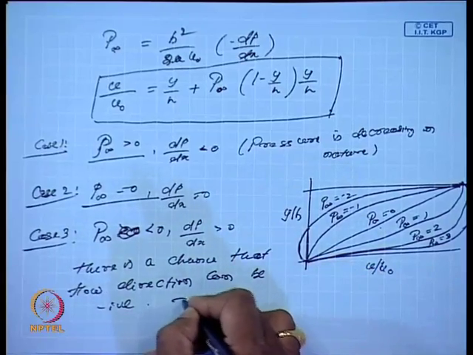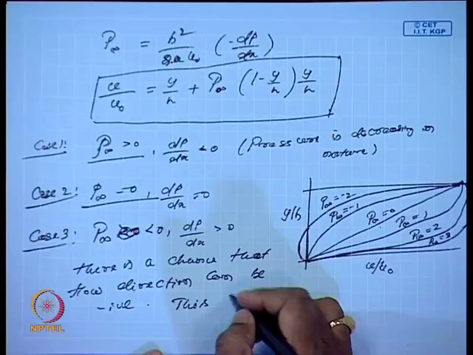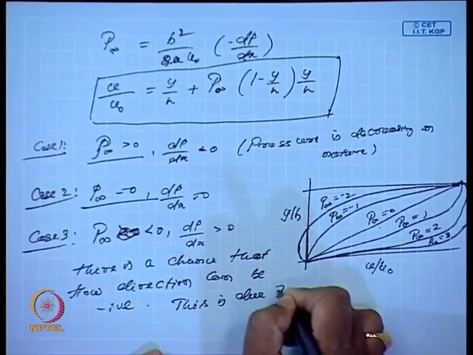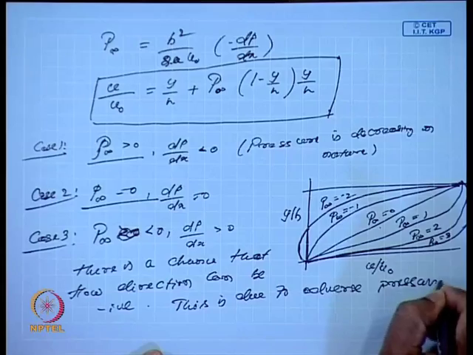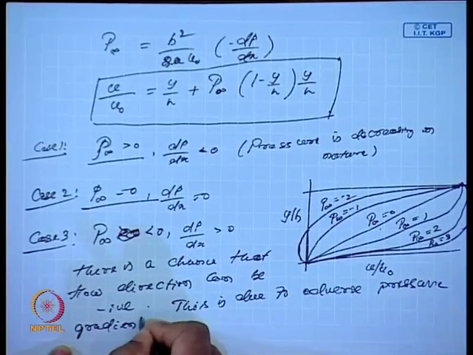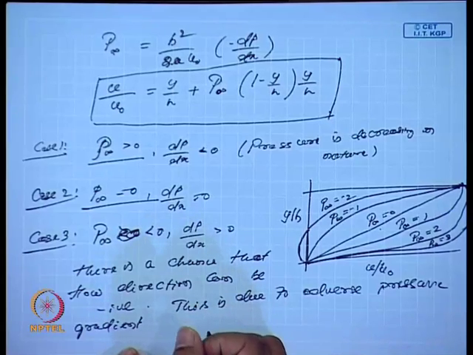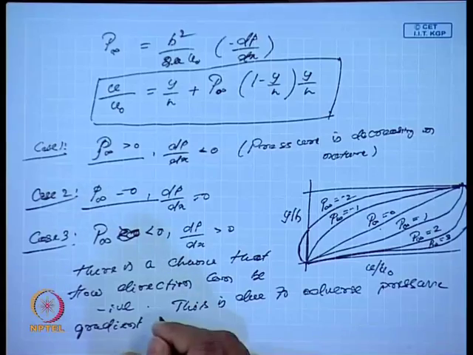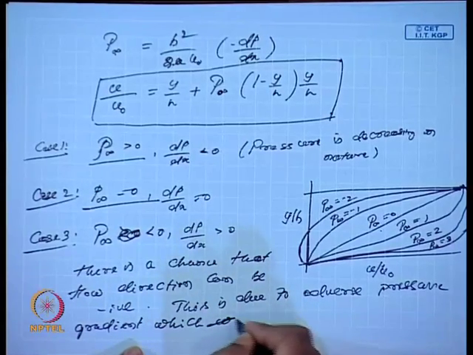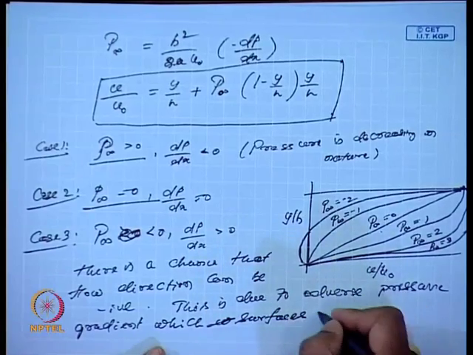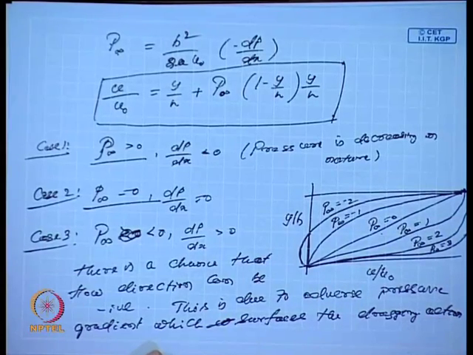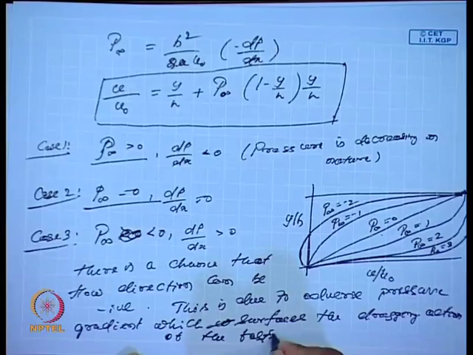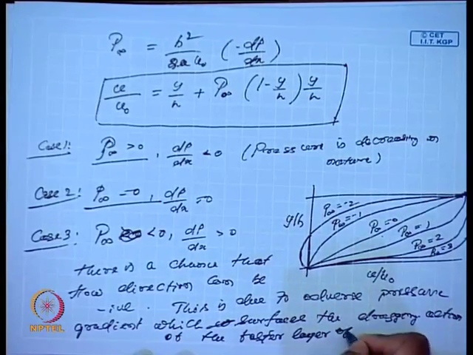Basically this is due to the adverse pressure gradient, which surpasses the dragging action of the faster layer of fluid particles.